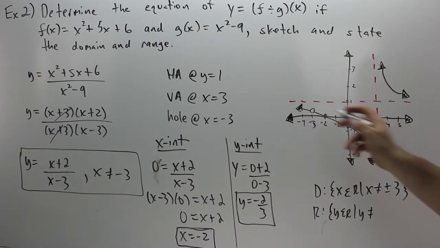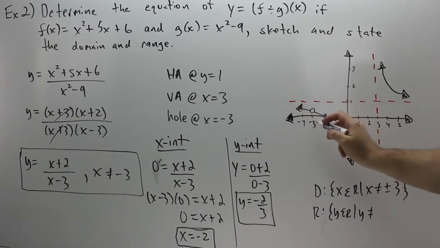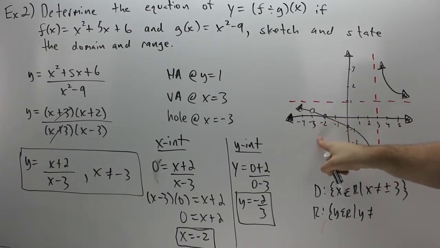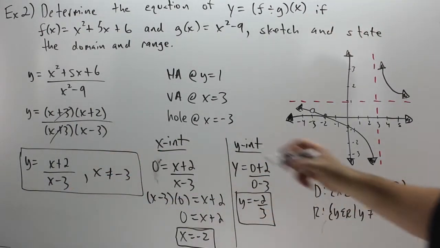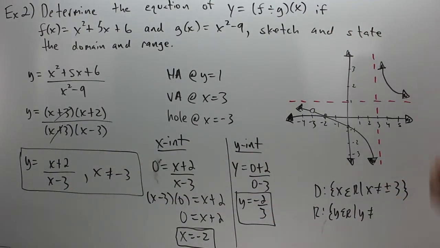So that y value there would be what y would be when x is negative 3. So if we plug negative 3 into this function here, I'd have negative 3 plus 2, which is negative 1, divided by negative 3 minus 3, which is negative 6. So I have negative 1 over negative 6, it's 1 over 6. So y cannot be 1 over 6, or it cannot be that asymptote value of 1.